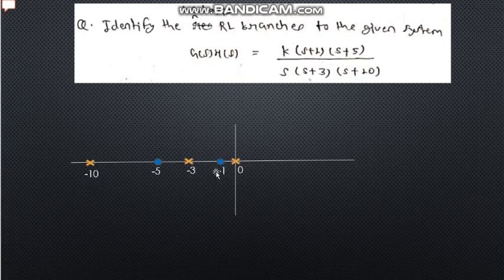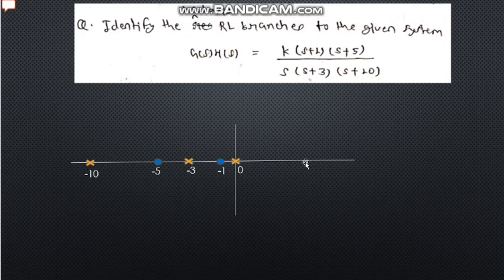Now you have to find whether there is a root locus branch on the real axis or not. So you have to put your finger first on the origin, the first pole. If you put your finger on the origin and look toward the right side, there is no pole or zero.